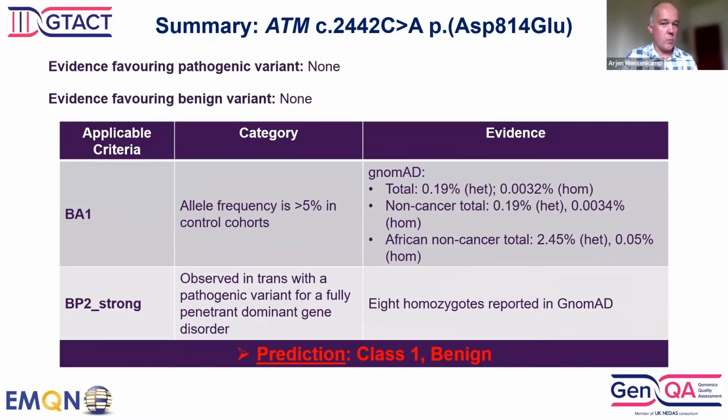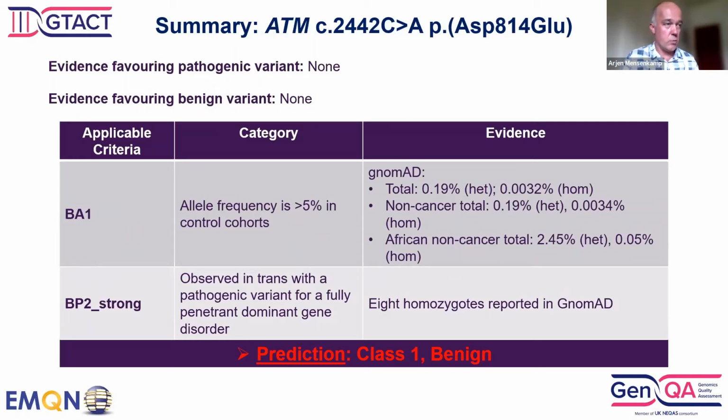So our classification was as follows. There was no evidence favoring pathogenicity, and we had evidence favoring benign. We have a BA1, the official category of which is allele frequency over 5% in control cohorts, but that is the general rule, also applicable for recessive disease.